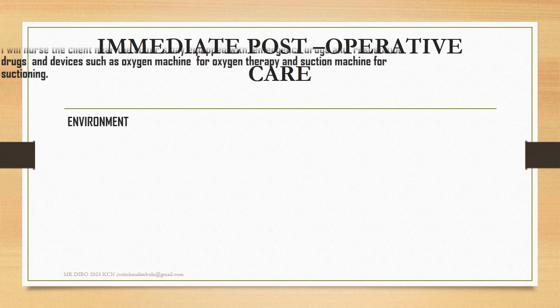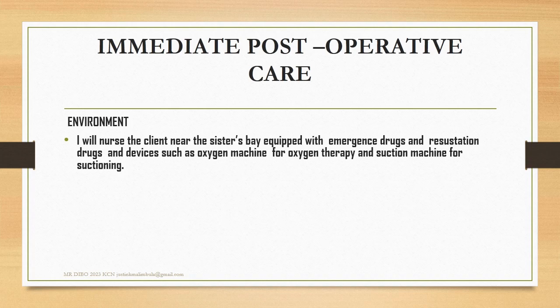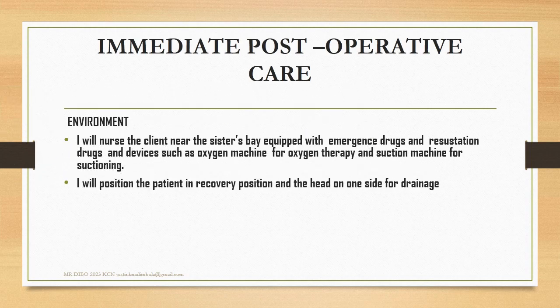The other things you need to consider in your immediate post-op care are the following. Number 1, environment. Under environment, I will nurse the patient near the sister's bay, equipped with emergency and resuscitative drugs and devices such as the oxygen machine for oxygen therapy and the suction machine for suctioning.